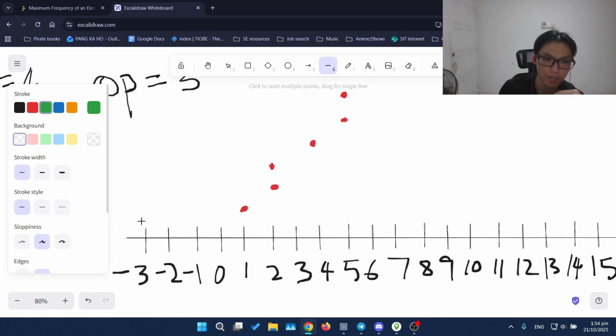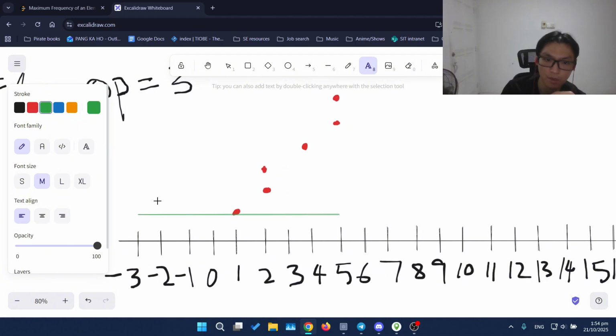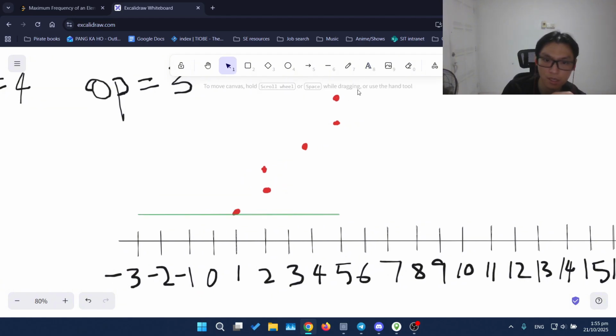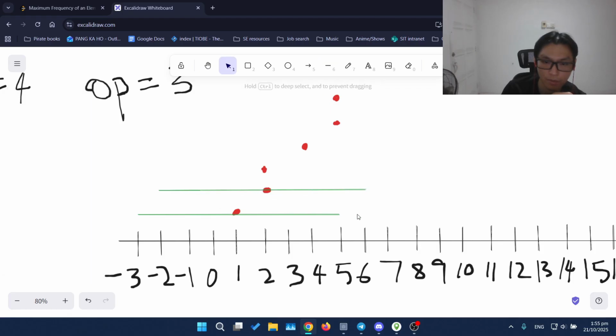So what I'm saying is, okay, we extend it like this. This means we're making an adjustment on this number, right? Then we say, okay, let's do another adjustment like this. That's two adjustments already.